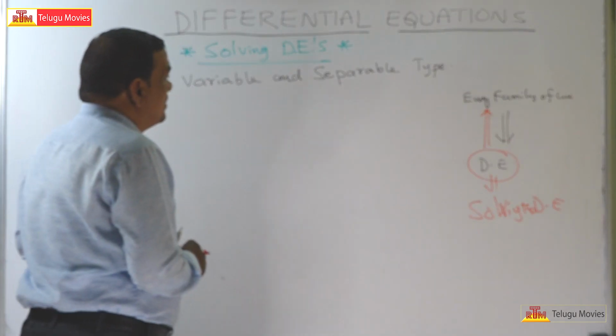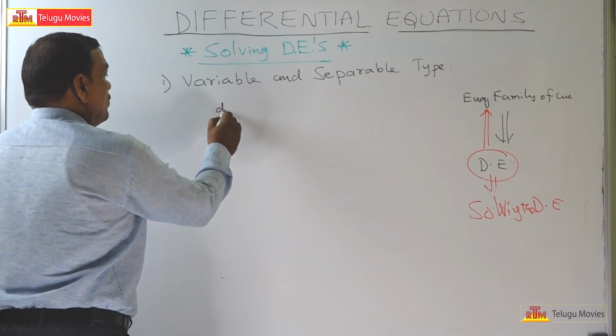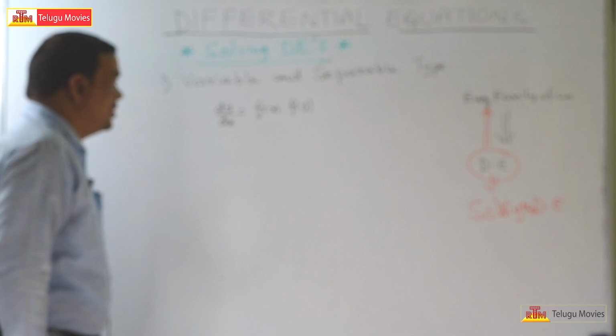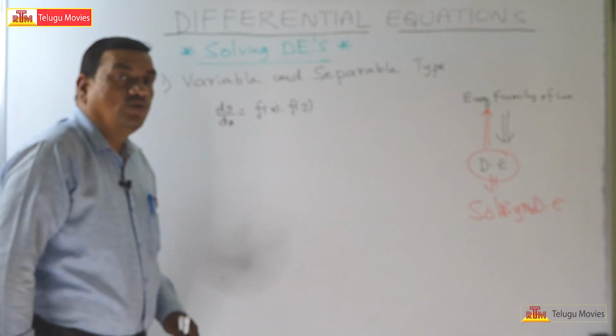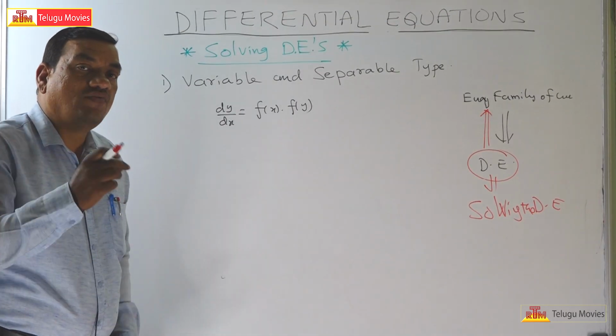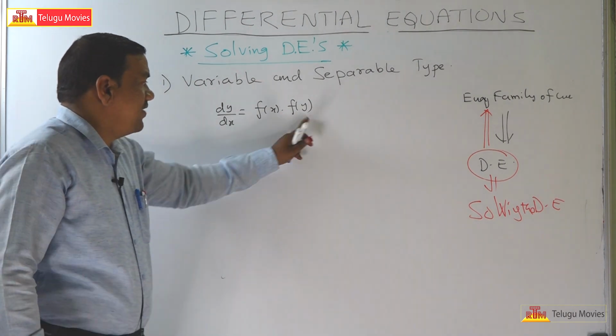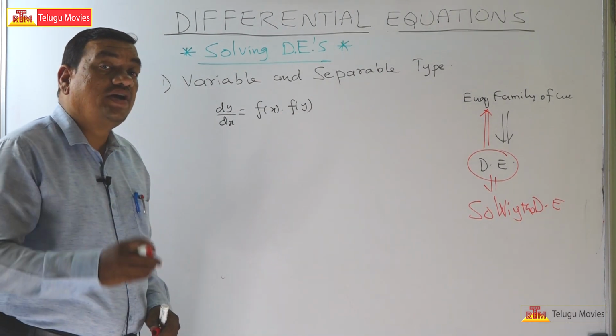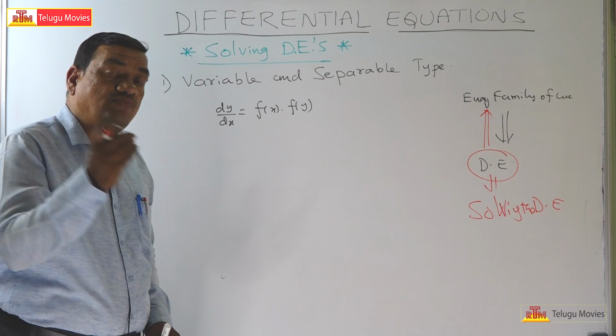Let us say that one differential equation is dy by dx is equal to f of x into f of y. Here f of x is a function of the variable x, and f of y is a function of the variable y.